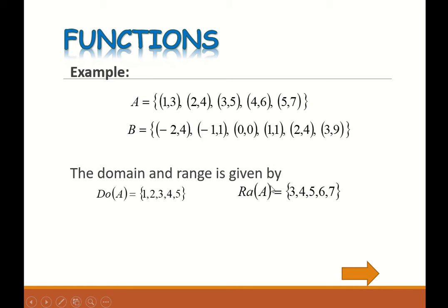Now for the range, the range of A contains elements 3, 4, 5, 6, 7. These are the second elements of each pair.